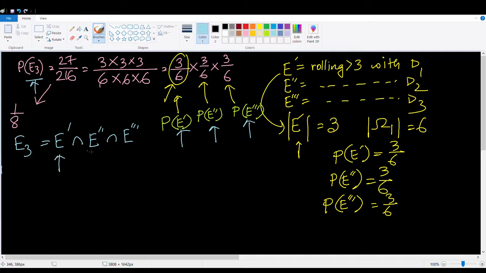So if all these 3 events happen together, which means they're in a relation of intersection, then we can say that E3 happened. Now we are going to replace this E3 here by the intersection.